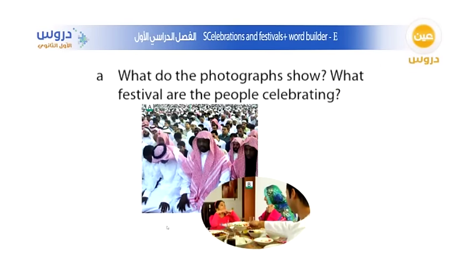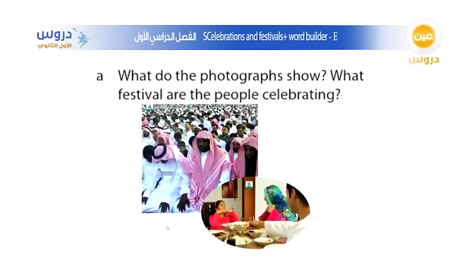So, what do the photographs show? What festival are the people celebrating? I think we answered that. Eid al-Fitr, excellent, very good, and it's also good to write it with a capital E and capital F, Miss Shahad, perfect, good. The people here in the first picture are doing what?